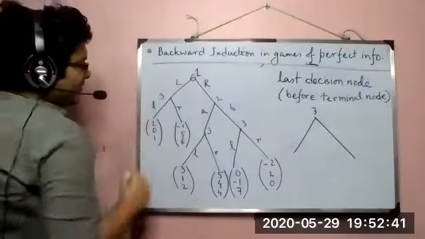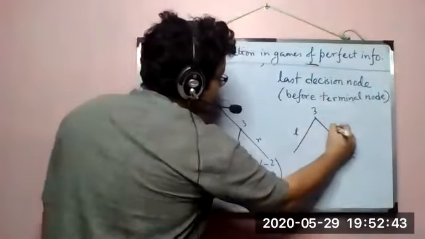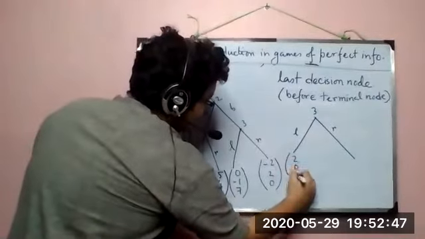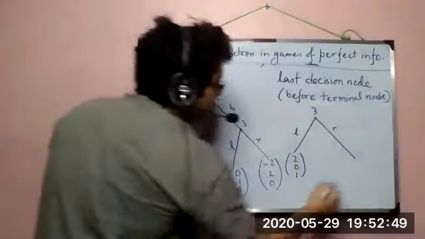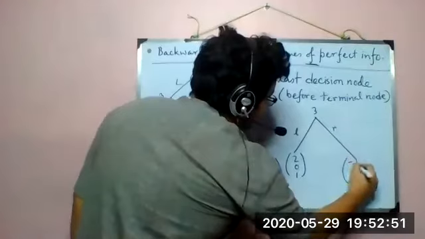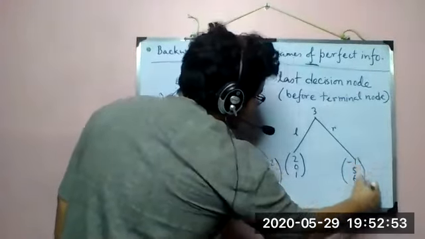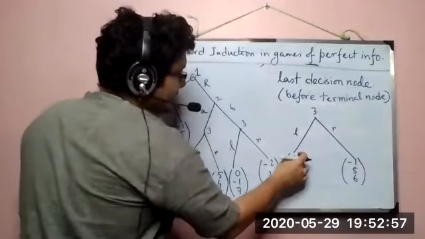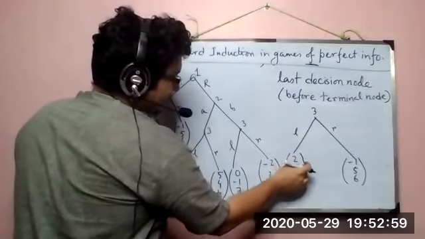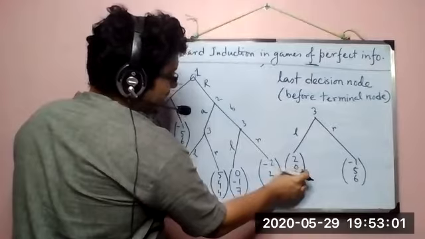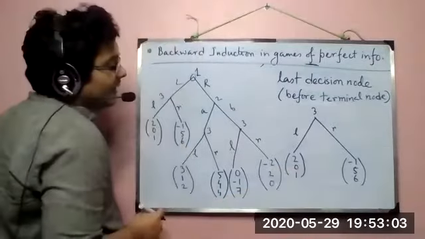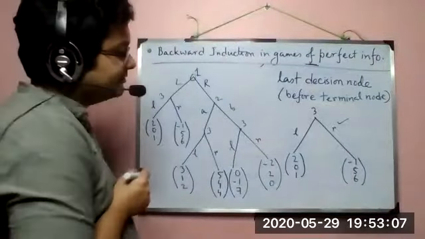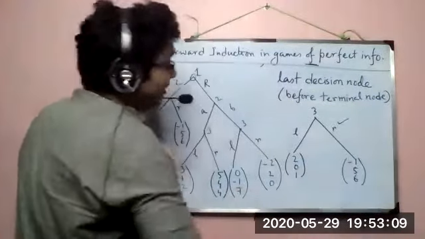So if player 1 plays L, and there are two choices, L or R, here the payoffs are 2, 0, 1, and -1, 5, and 6. As you can easily imagine, the first is the utility of player 1, the second of player 2, and the third of player 3. So here R is the better strategy because 6 is higher than 1.